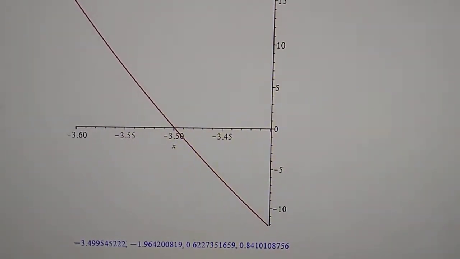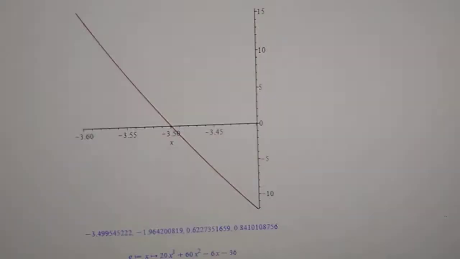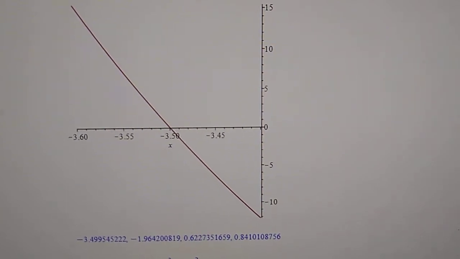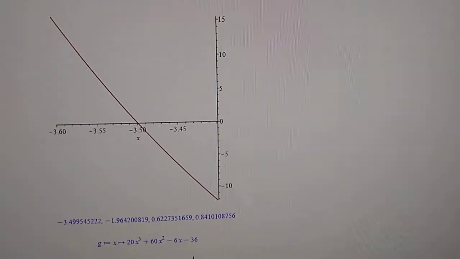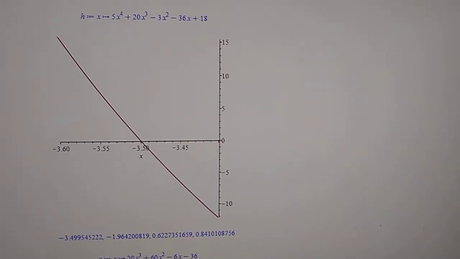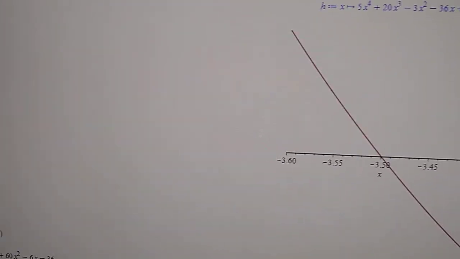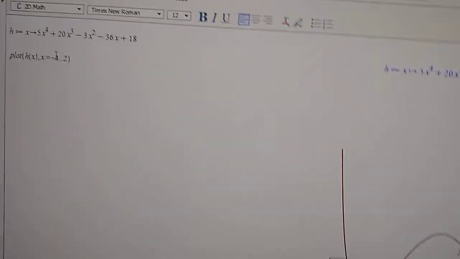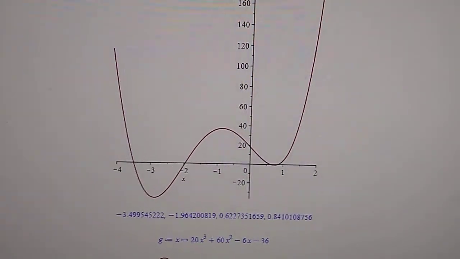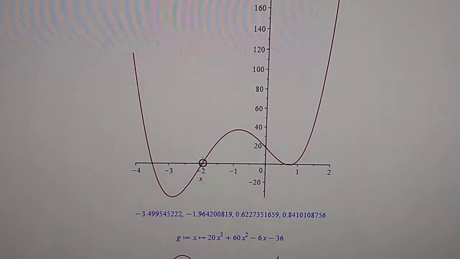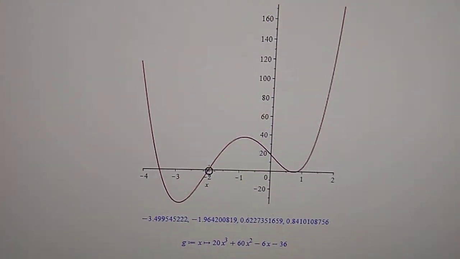So it looks pretty confident that there's one at -3.5. And then I can zoom back out if I like, and then find the next one. It looks like the next one is like -2 or so.